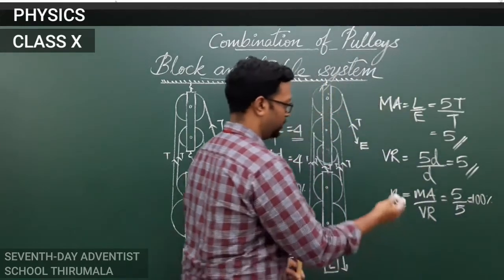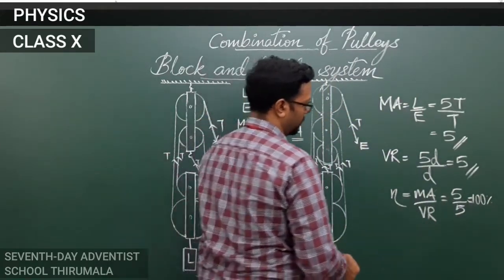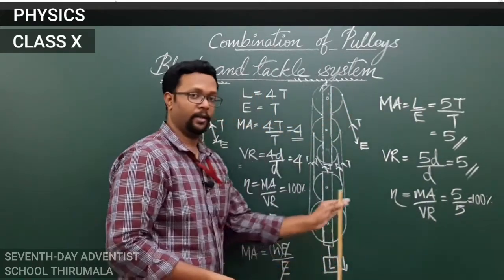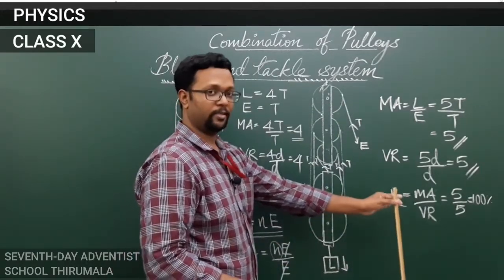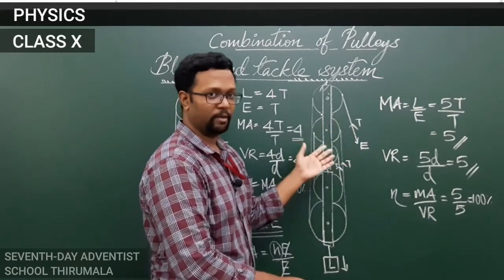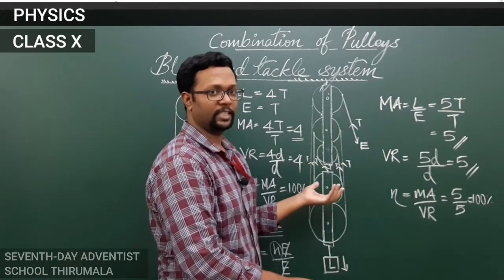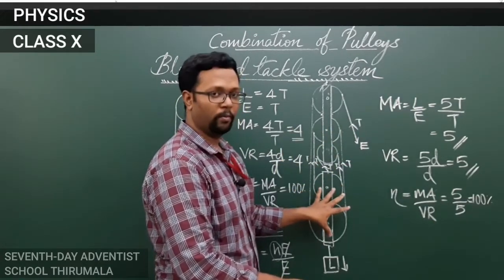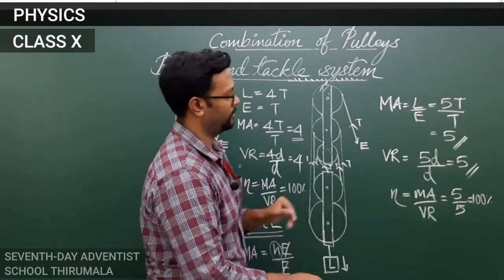I hope you can see it over there, 100%. And for claiming it to be 100%, we make some adjustments. We consider that the string is massless, the whole system is frictionless, and the lower movable block is also massless.